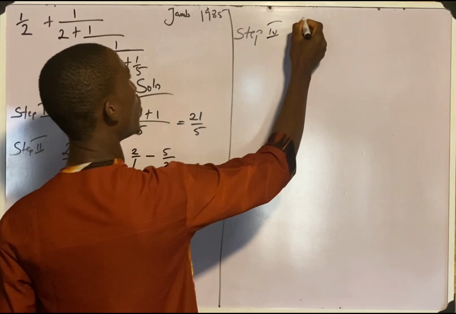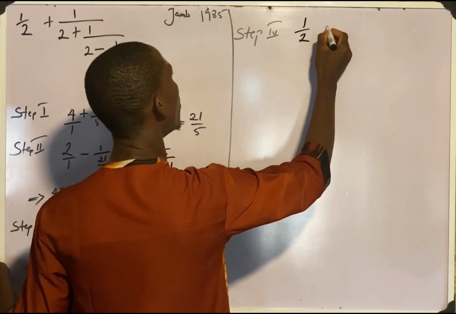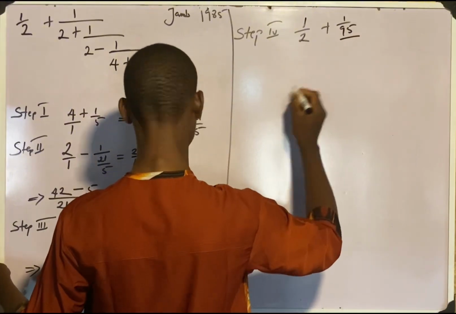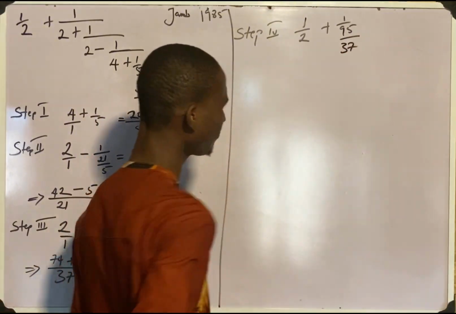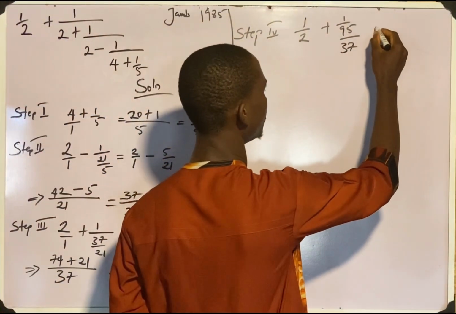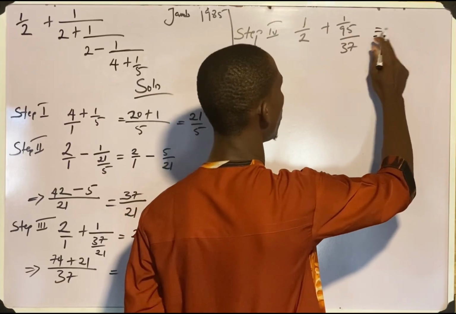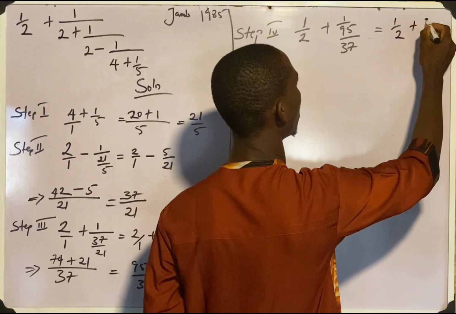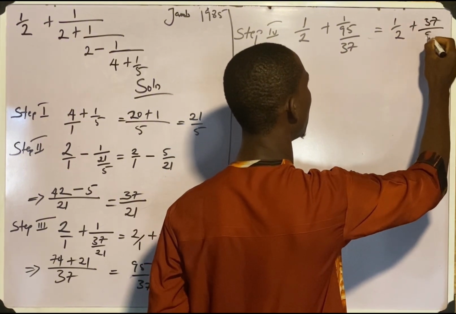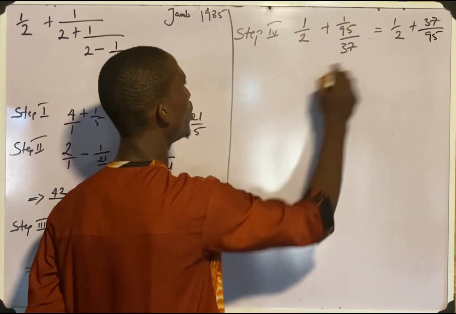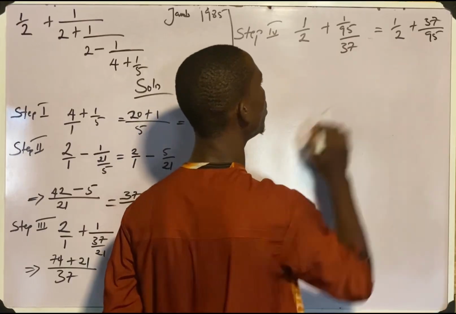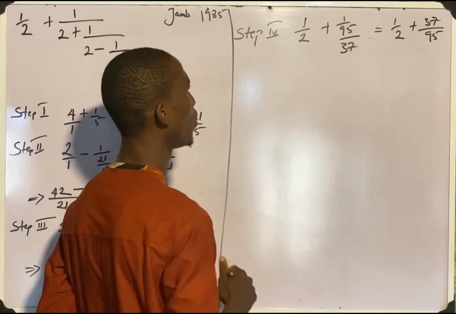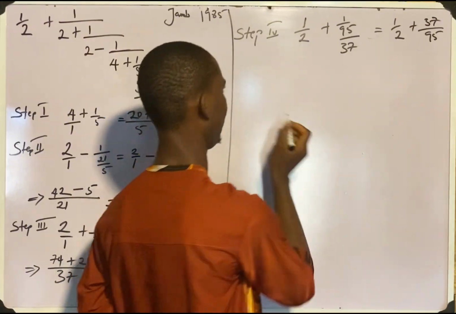So we have 1 all over 2 plus 1 over 95 over 37. So this is equal to 1 over 2 plus 37 over 95. When we do that, the LCM of 2 and 95 will be 190.